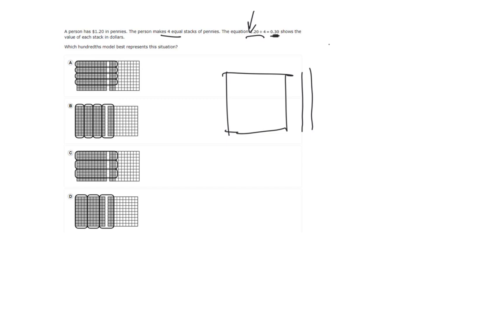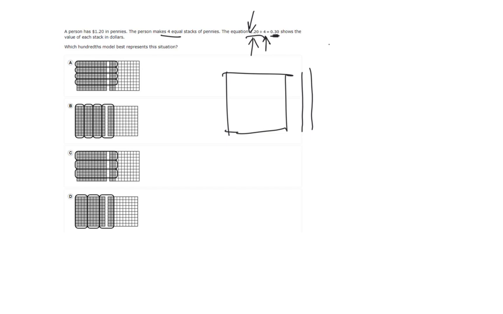So you're dividing it into 4 stacks. Each stack is supposed to have 30 pennies. Okay, so this is the entire amount. This is how many stacks. 4 is the number of stacks you're dividing them into, and then 30 is the actual amount that everybody should have. So let's go ahead and look at this.